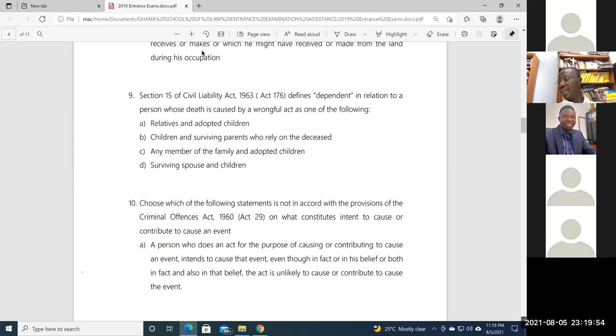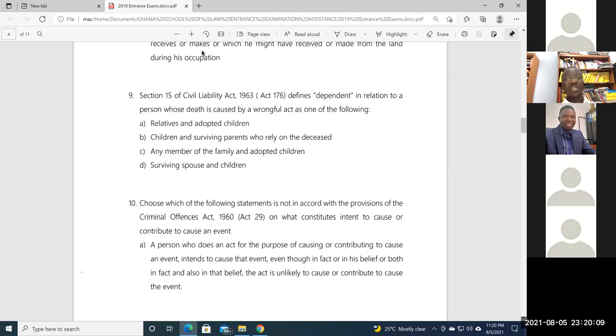Now, because we're in that legislation, let us take advantage of it and look at the meaning of family. In the same section 15, it defines member of the family. What is the meaning of a member of a family?